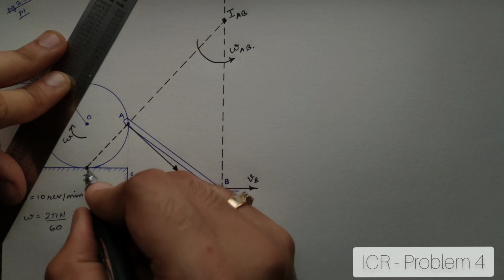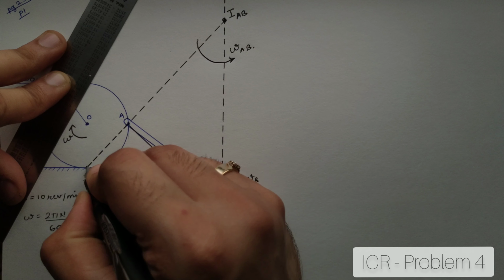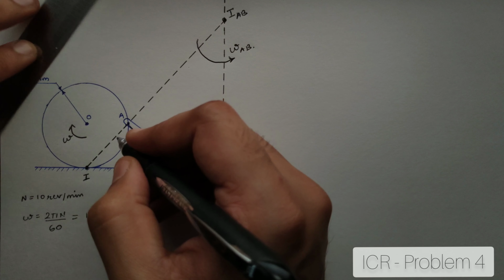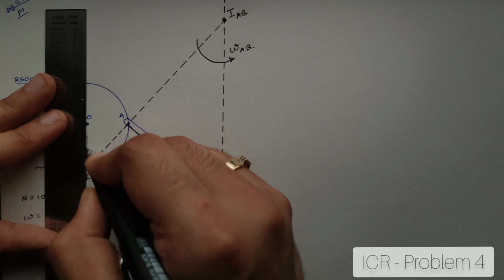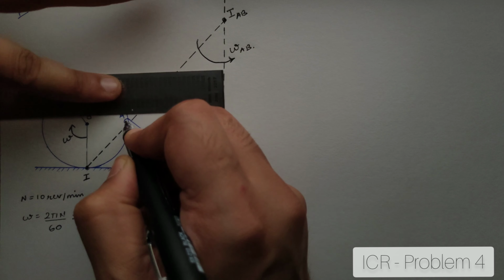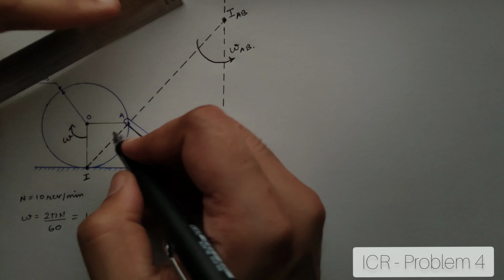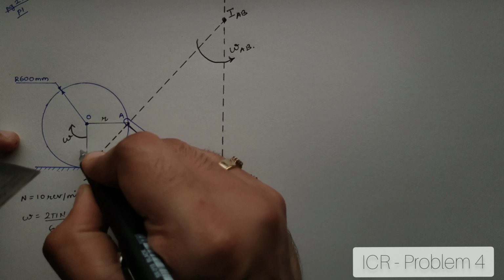We will first start with the VA. For VA I need to know the distance IA. Do I know the distance IA? Yes, it's very simple, because if I join this as a triangle with the centers, you can see that IO and OA are nothing but radius.